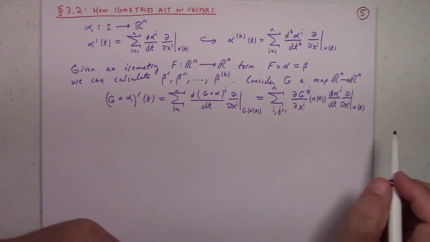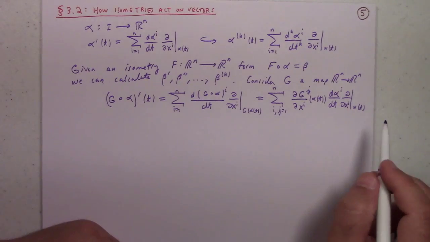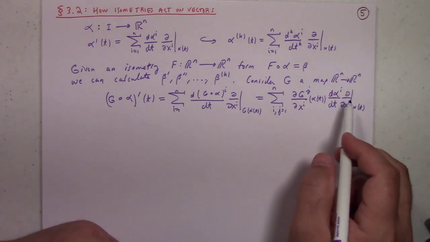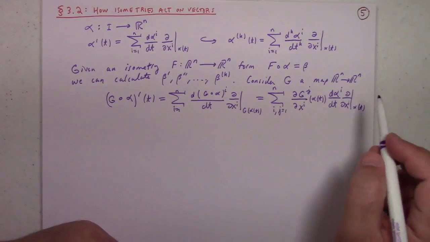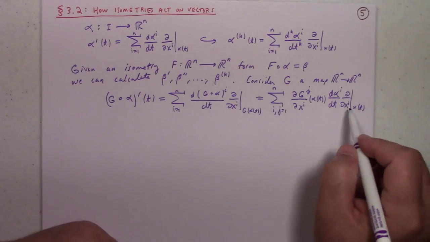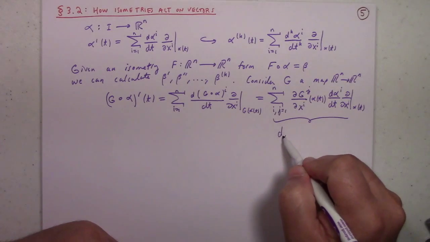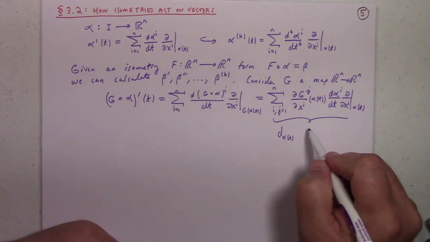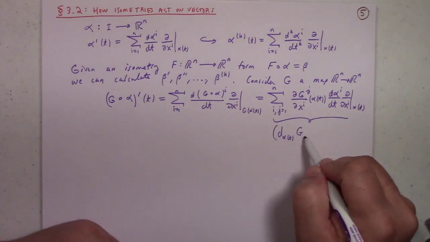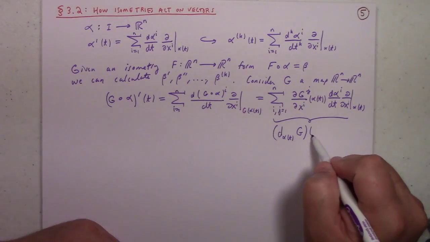And you may recall, this right here is also known as the push forward at alpha of t under G, of alpha prime of t.